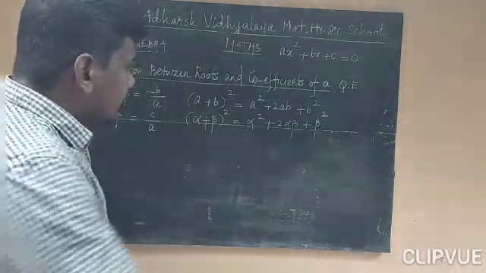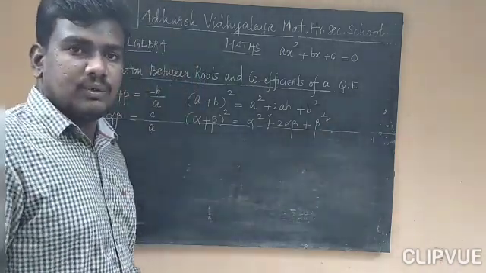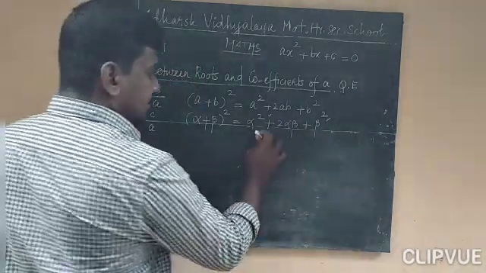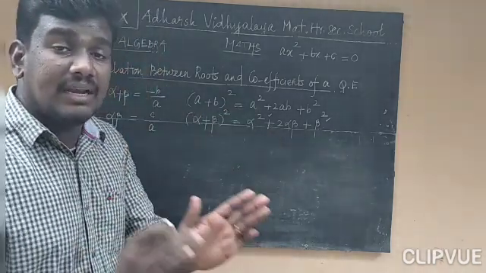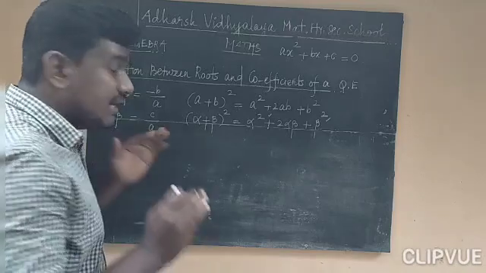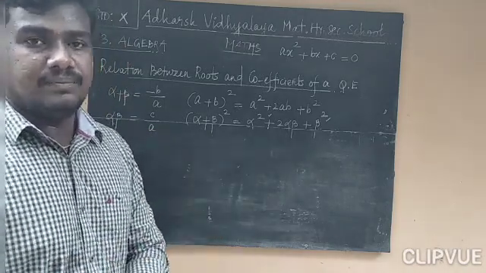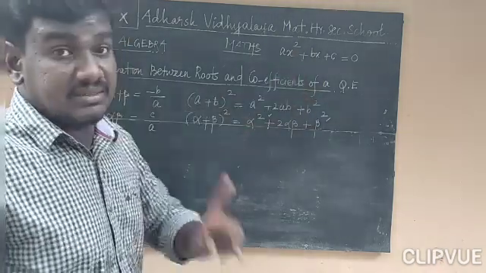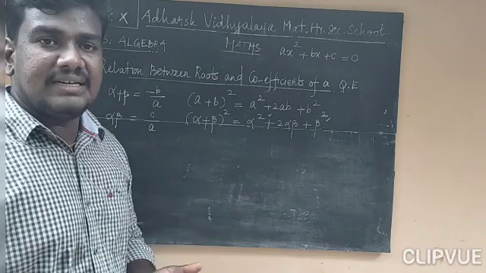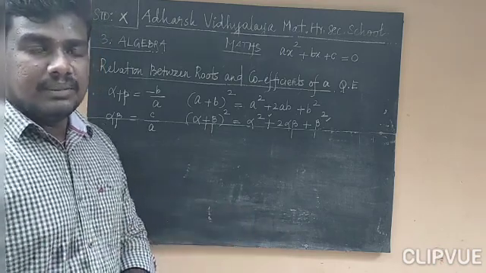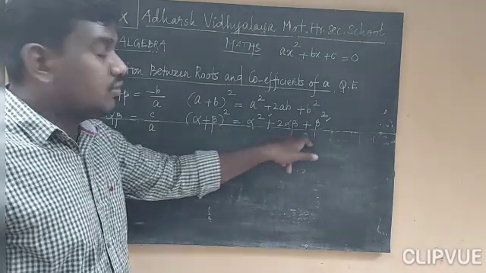Actually, if they ask to find the alpha square and beta square value, how can we do this? We know that we can find alpha plus beta alone and alpha beta alone. Remember, by using the coefficients concept, we cannot find the roots alpha and beta separately, but we can find alpha plus beta and alpha into beta.